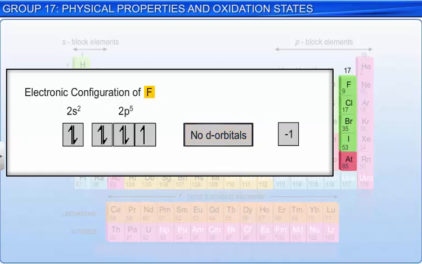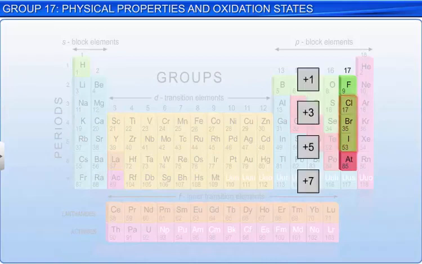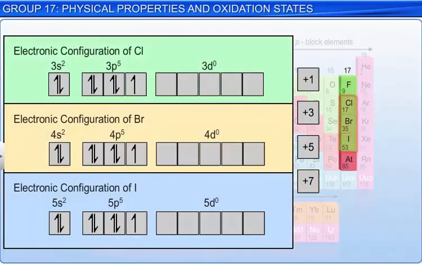It is the most electronegative element, so it cannot show any positive oxidation state. Chlorine, bromine, and iodine all exhibit 4 different oxidation states, +1, +3, +5, and +7. This is because of vacant d orbitals in their valence shells.